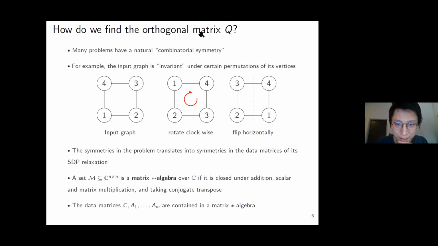Can you show an example that a graph is not invariant under permutation? Yes, there are examples that a graph is not invariant under any permutation.